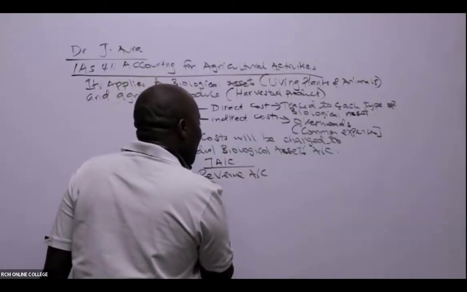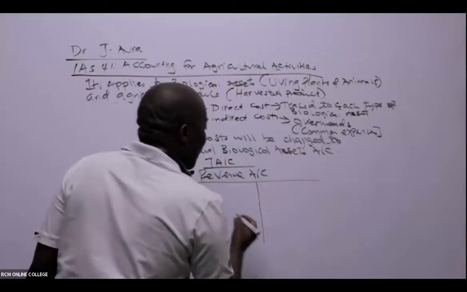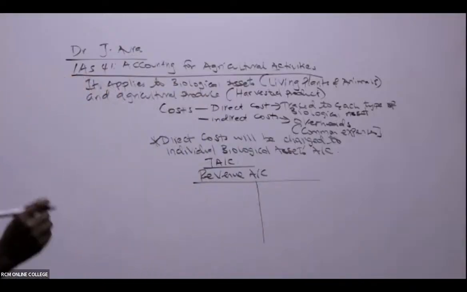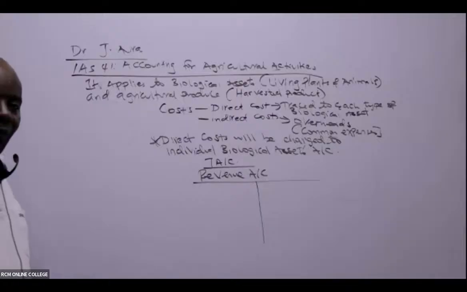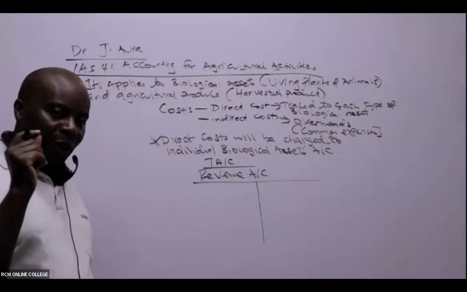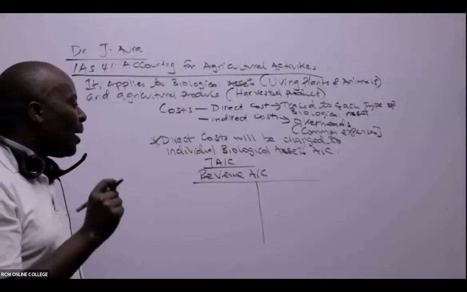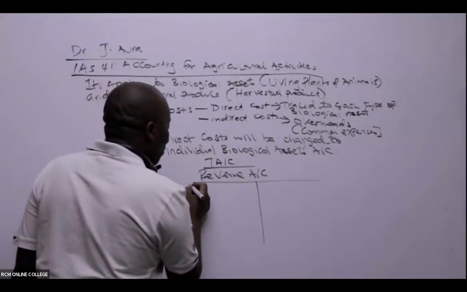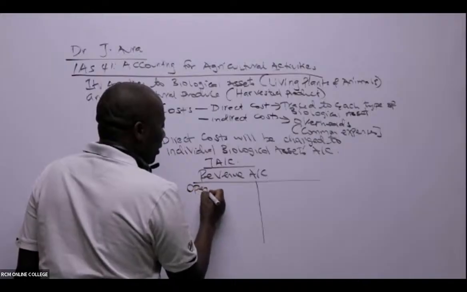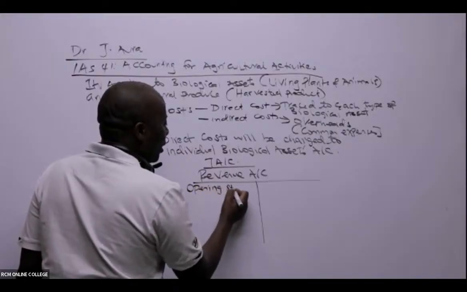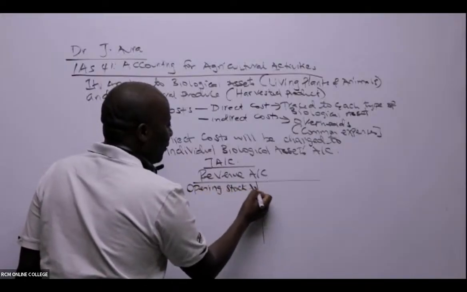This revenue account will be having 5 major components. These 5, I always want you to remember, we have here what we call opening stock. So opening stock will be coming here.